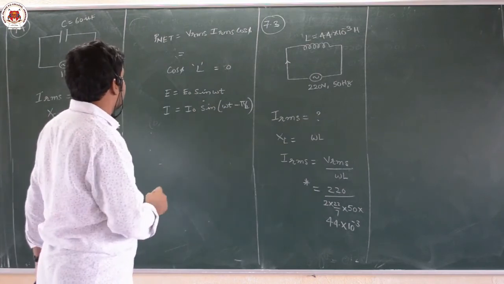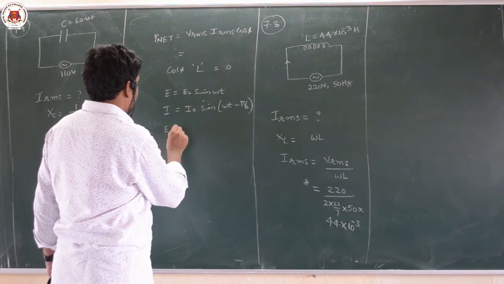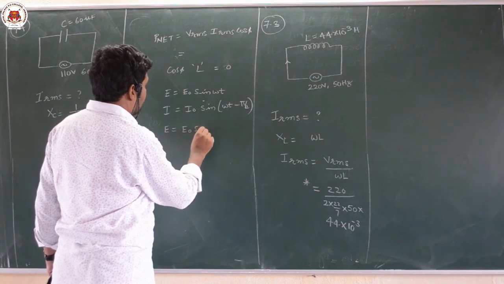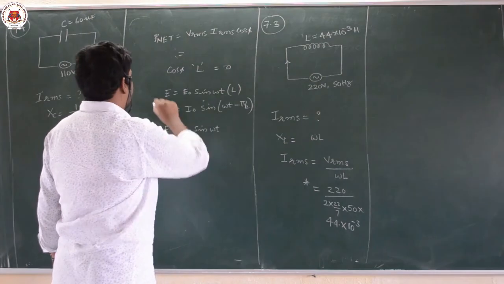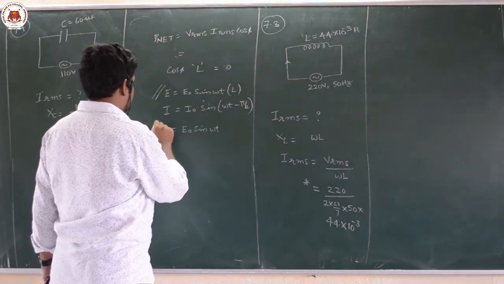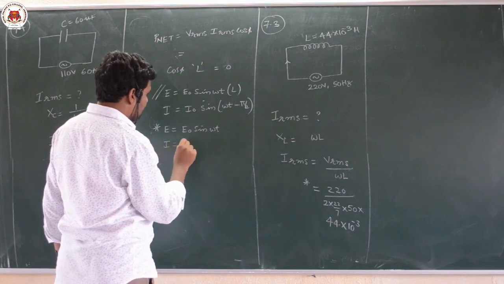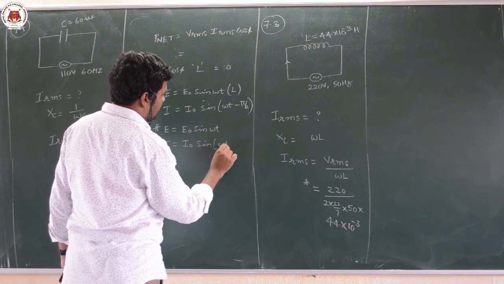For capacitor, EMF E is equal to E naught sin omega t and current I is equal to I naught sin omega t plus pi by 2.